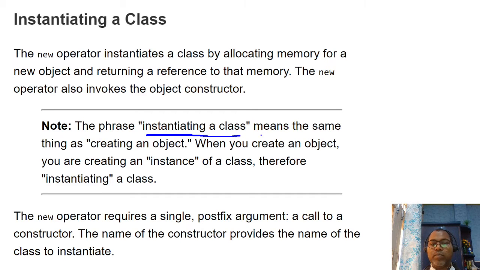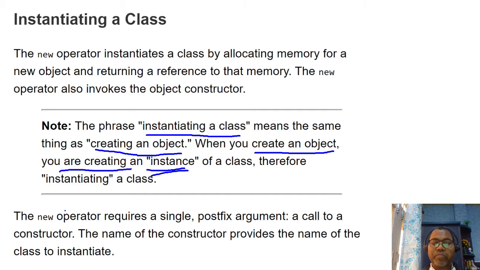Instantiating a class means the same thing as creating an object. Sometimes we say instantiation of a class, or creating an object. When you create an object, you are creating an instance of a class, so we sometimes say instantiate a class.